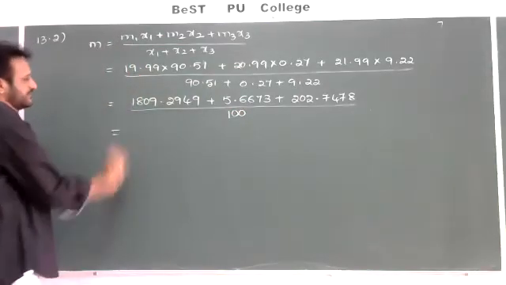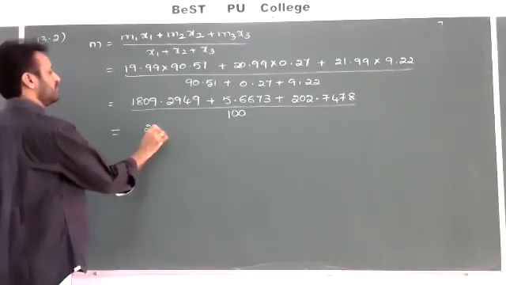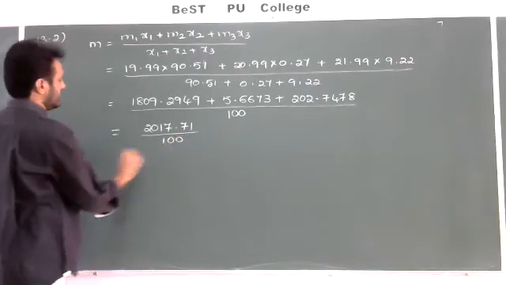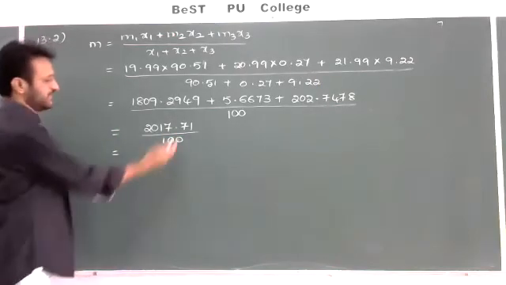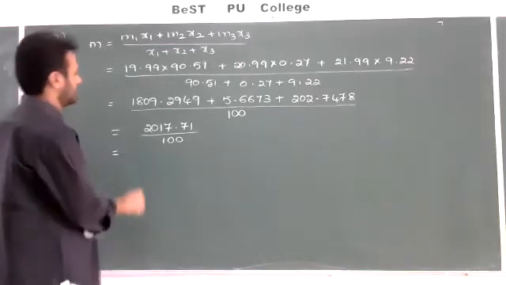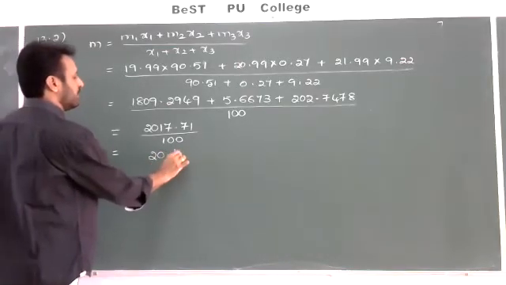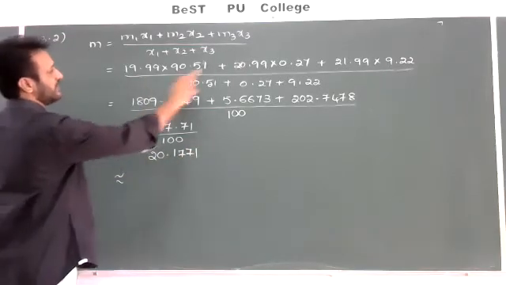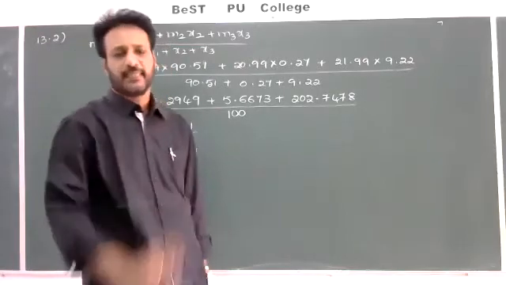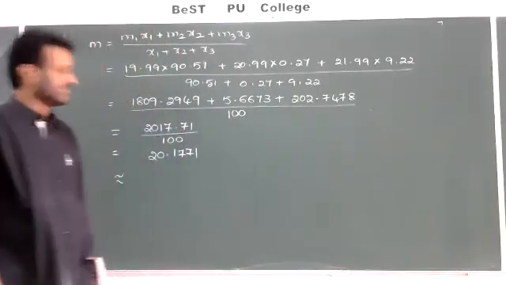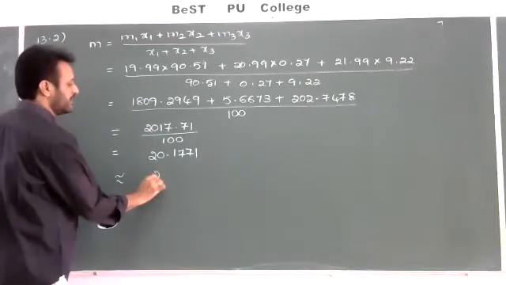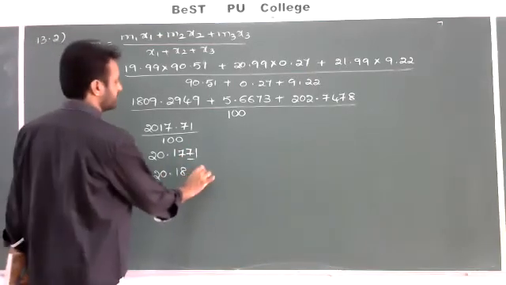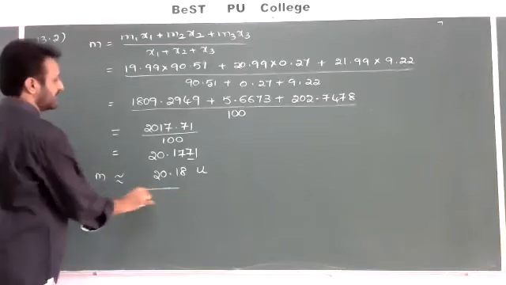By adding all the values, we get 2017.71 by 100. If you divide the value by 100, you adjust two decimal points to the left, so 20.1771, or write the value nearly. If you round off, all the values after the decimal point are given to two digits, so according to significant figures we can follow 20.18. We can round off 77 and write 18 AMU. So it is the average atomic mass.